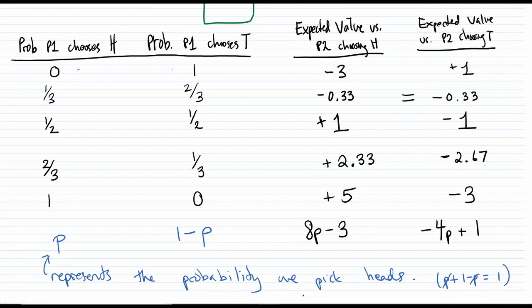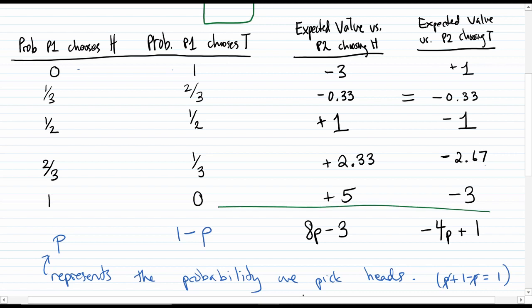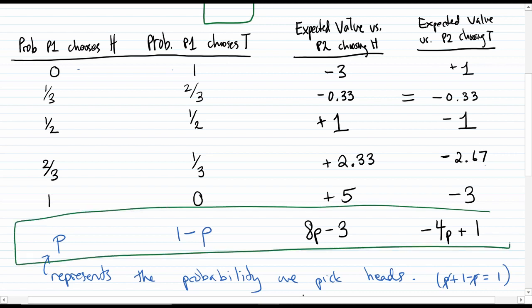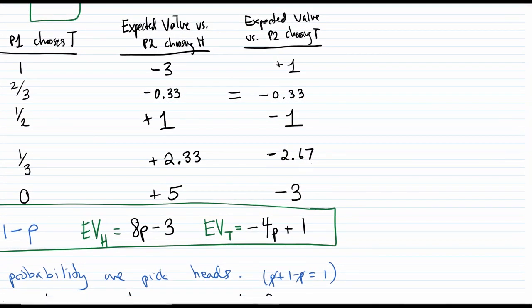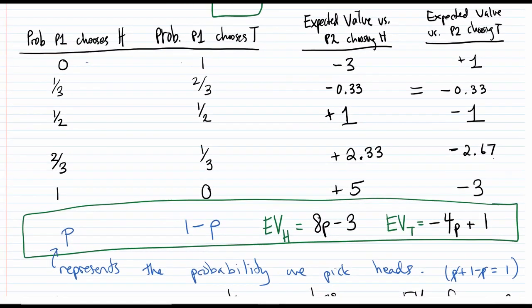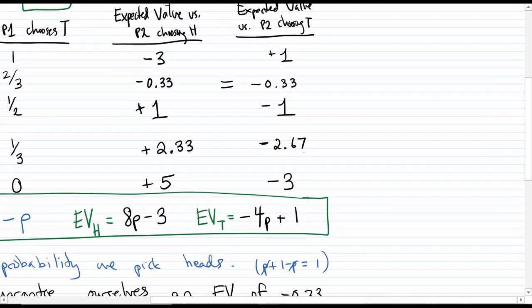So I now have a formula that tells me what my expected value versus h is and my expected value versus t is. I'm going to call this EV sub h. I'm going to call this one EV sub t. And let's just test them out. What happens if I want to choose heads half the time? Well, then I'm saying p equals 1/2.